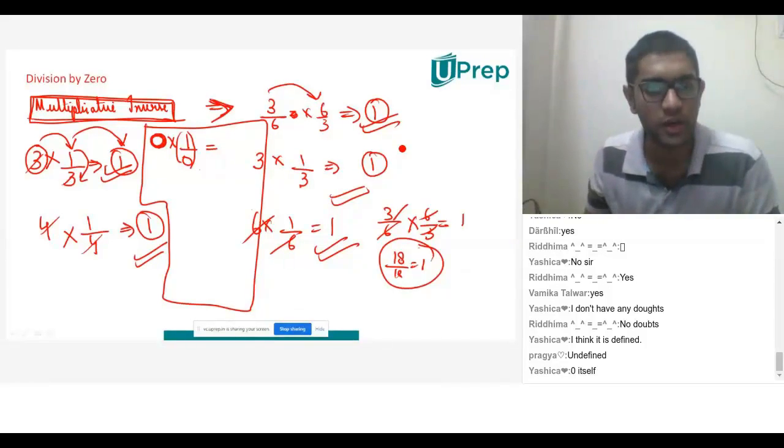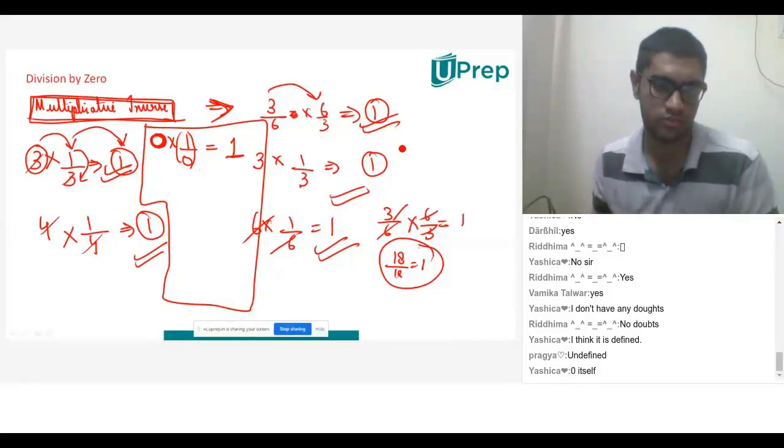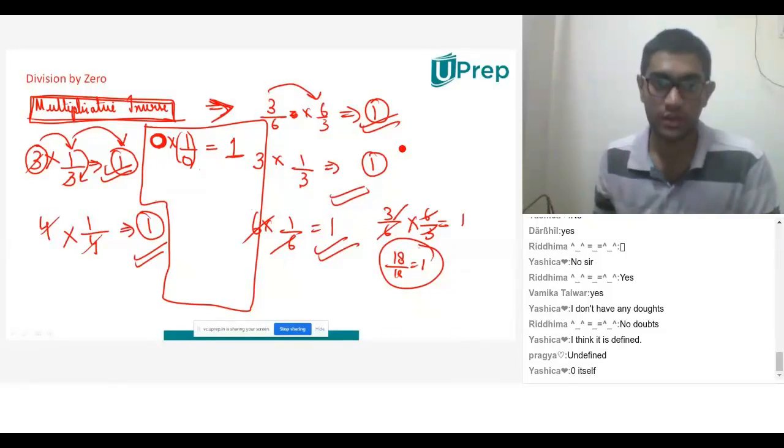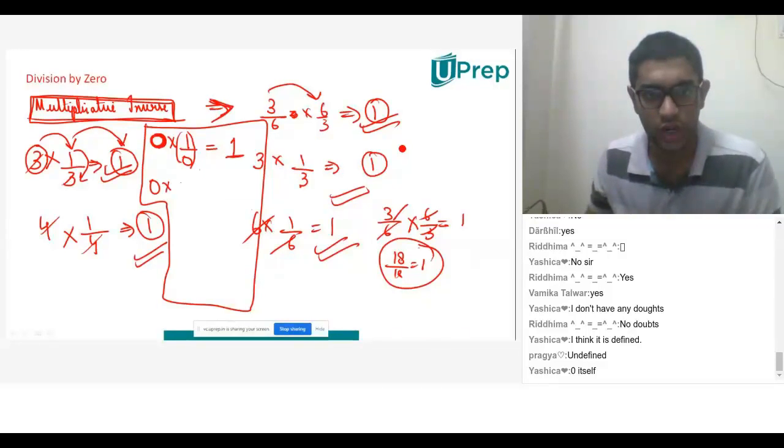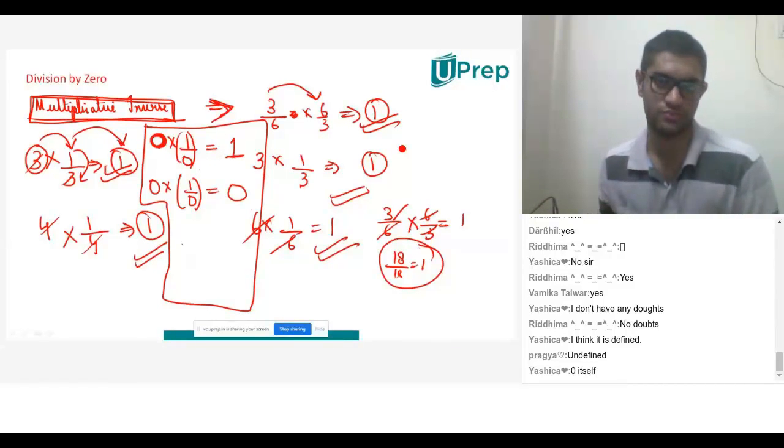When I multiply the number by its multiplicative inverse, I have to get the answer 1. No, but in zero's case, I think it may be 0. Correct. But what have we studied? 0 into any number is 0. That is what we have studied. So according to our logic, 0 into 1 by 0 is nothing else but 0.